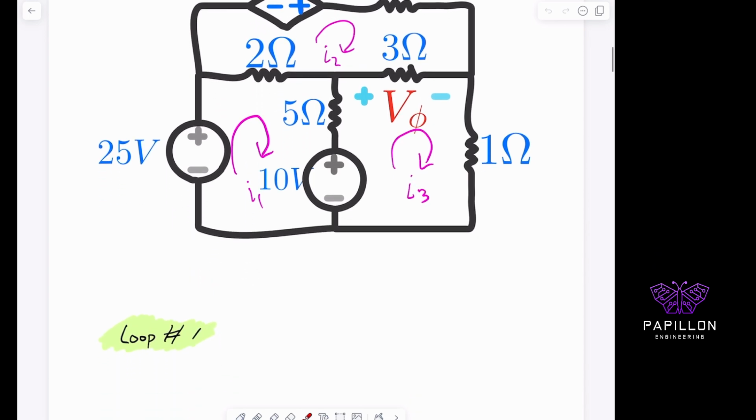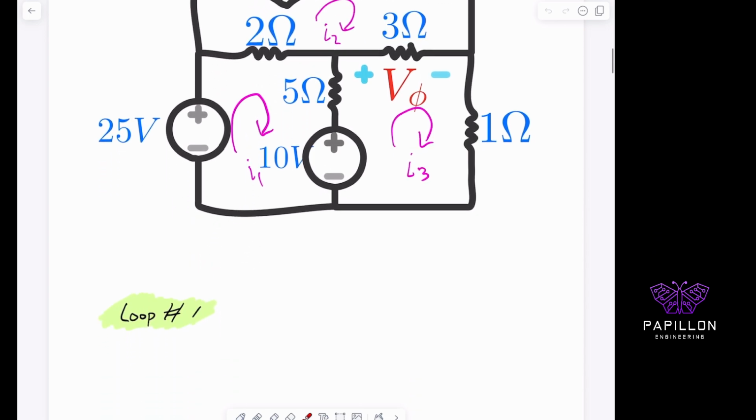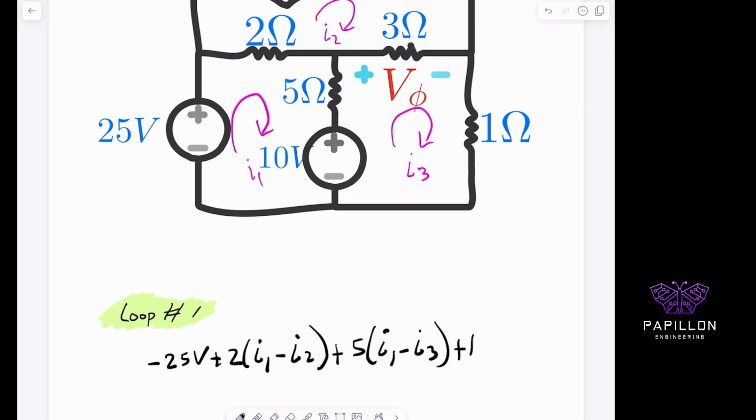So if we do that, for loop 1, we write that loop 1 equation. If I start on the corner, listed as -25 volts, then the next component that I see is a resistor. Because I am in loop 1, it is going to be I1 minus I2, plus, and then again this is going to be 5 ohms, and I'm still in loop 1, so it'll be I1 minus I3, plus 10 volts equals 0.